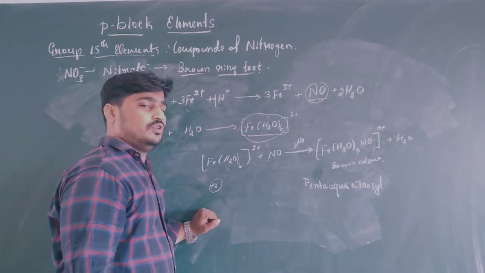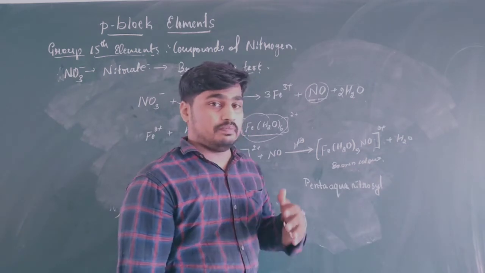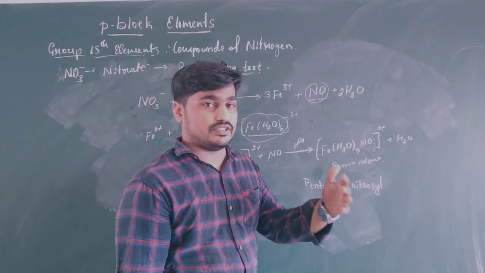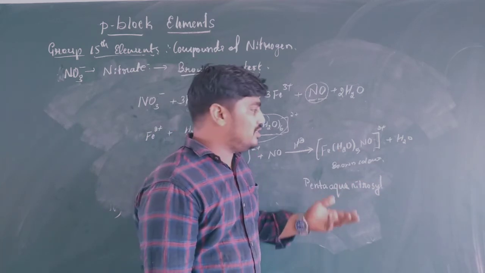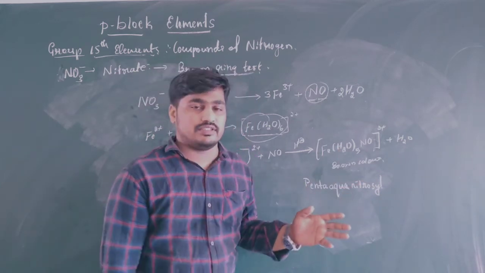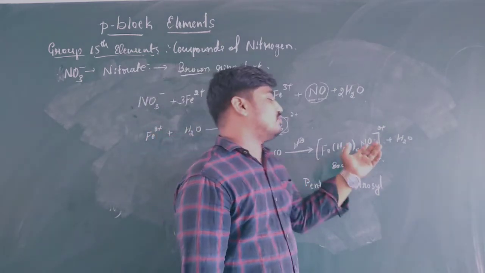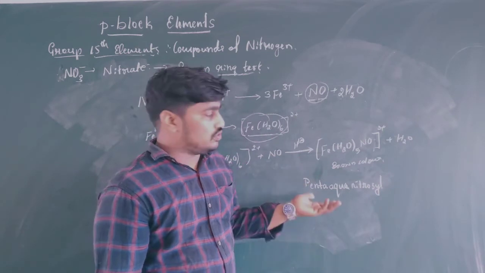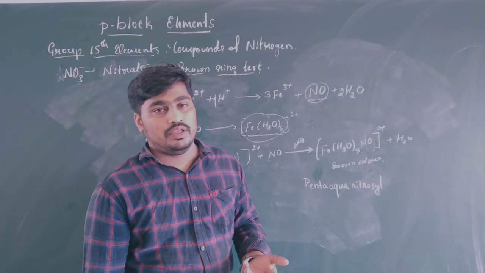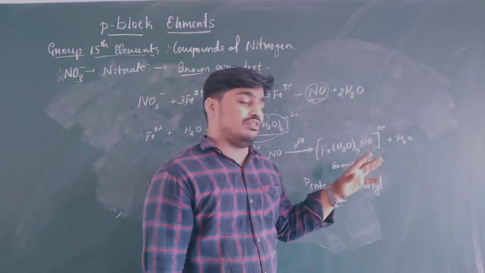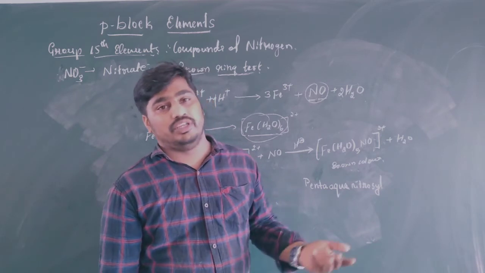Here there are two possibilities. One is nitrogen monoxide present in a higher oxidation state, and the other in a lower oxidation state. The difference is due to the transfer of electron. When nitrogen monoxide gives an electron, it shows one type, and when it takes the electron, it shows another type. When it takes the electron, it is nitrosyl. When it gives the electron, it becomes positive, nitrosonium.